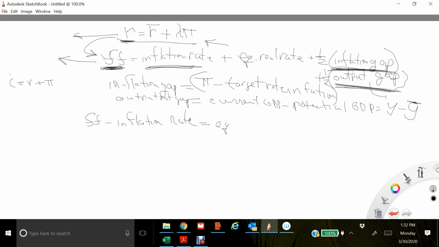Then we have some equilibrium real rate and some function of the inflationary gap, which we said was pi minus some target pi.